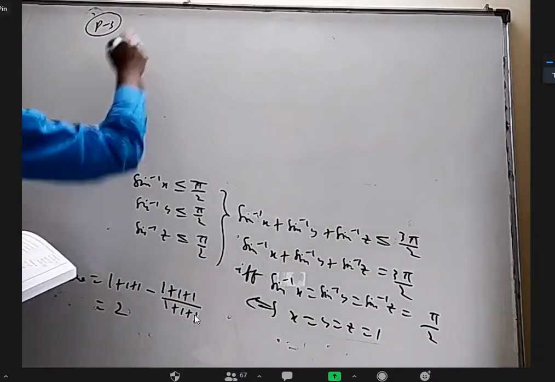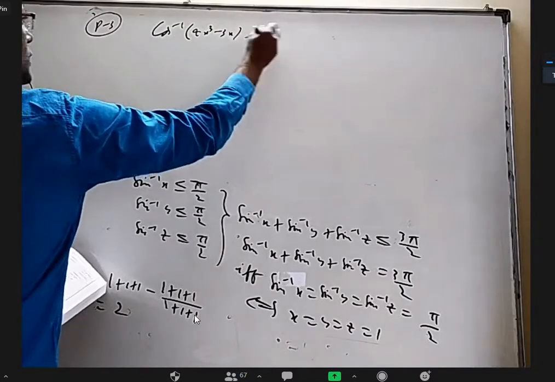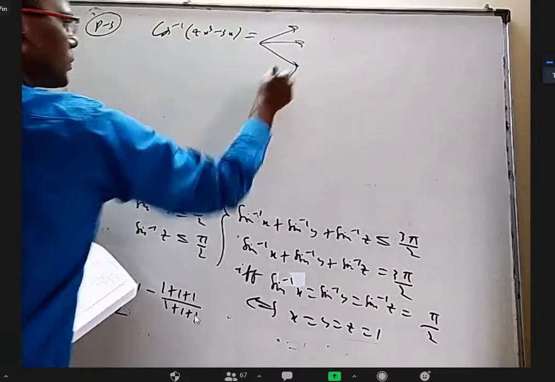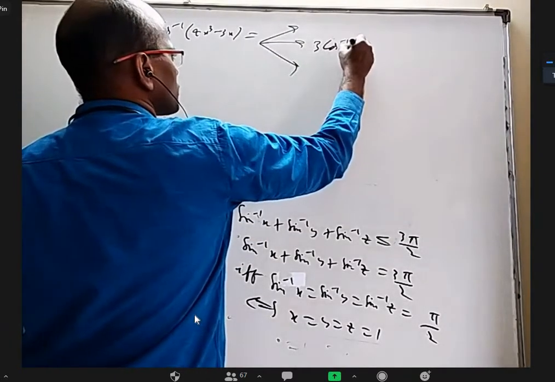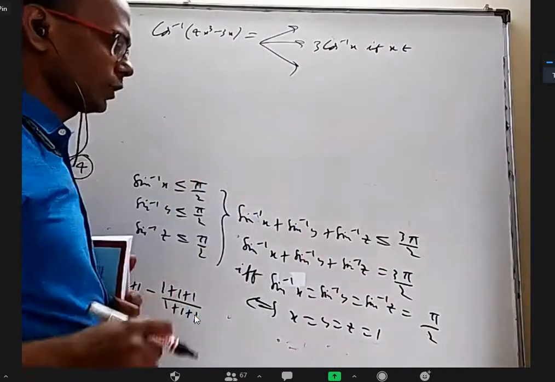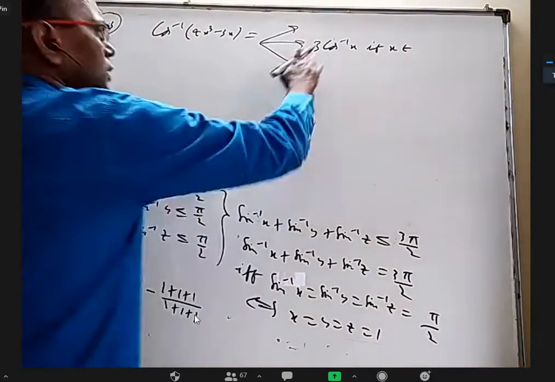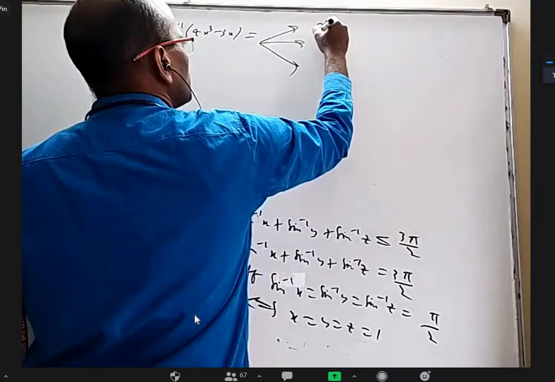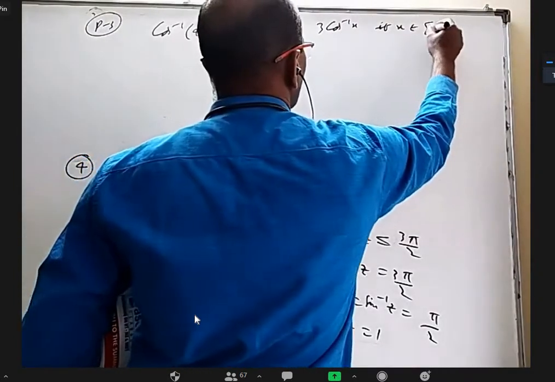Okay, passage 3, we derived all the formulas. Cos inverse of 4x cube minus 3x has 3 formulas. It is straight away 3 cos inverse x if x belongs to 1/2 to 1. Actually 0 to pi will become 0 to 3 pi. So I can write here 3 cos inverse x if x belongs to 1/2 to 1.